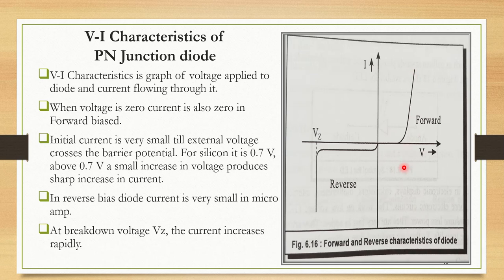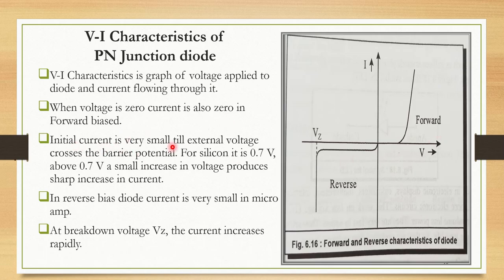So the characteristics of a forward bias semiconductor can be shown like this. This is the voltage-current characteristic, the graph of voltage applied to the diode and current flowing through it. When voltage is 0, current is also 0 in forward bias.